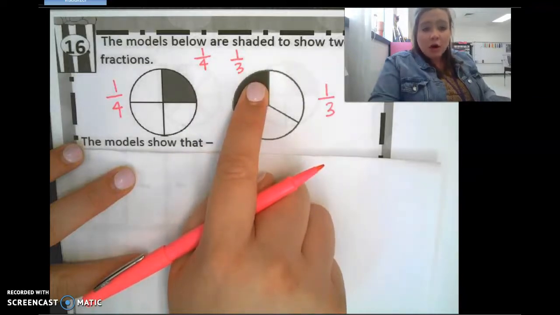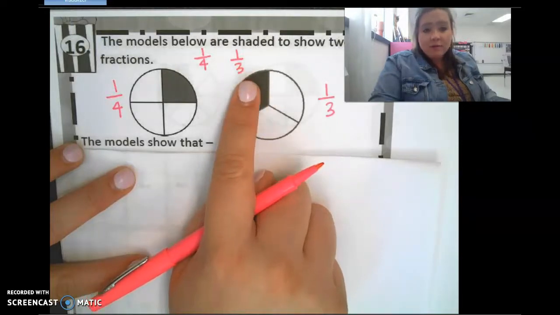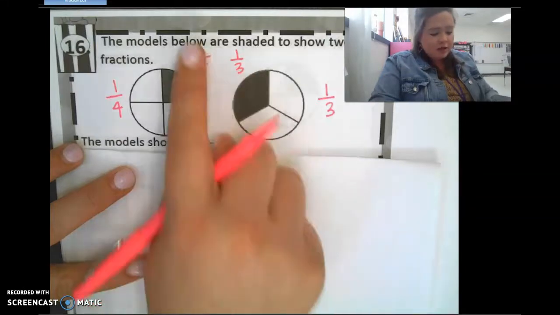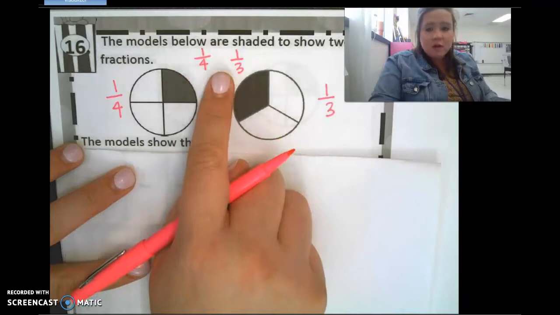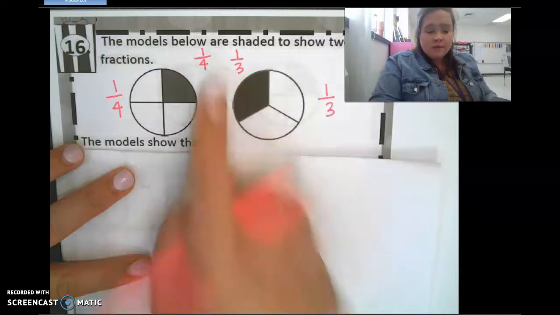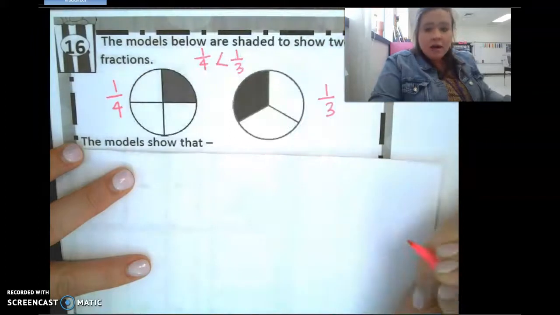The smaller denominator is going to be the greater fraction because the pieces are going to be bigger. So 1/4 is what to 1/3? Good. 1/4 is less than 1/3.